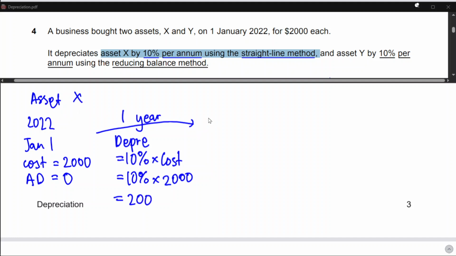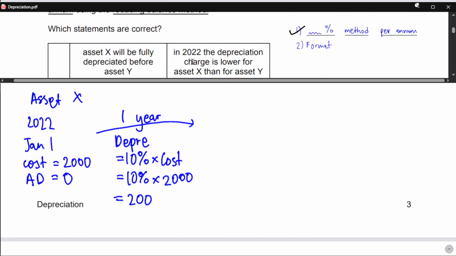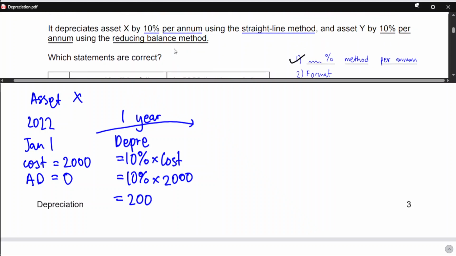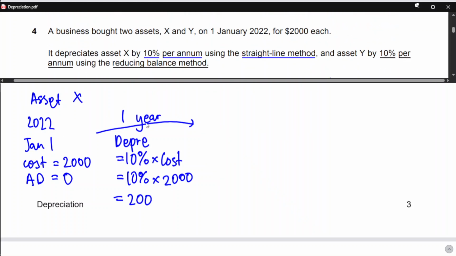So let's see what it say. 2022. Okay. So after 1 year is become 2022 December 31. Yeah, I am until here.